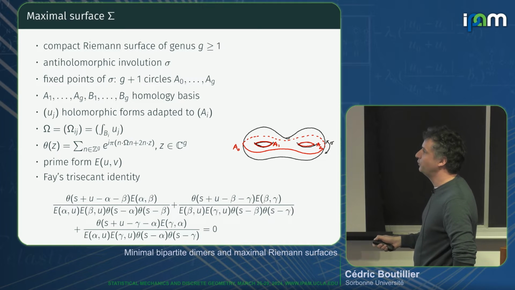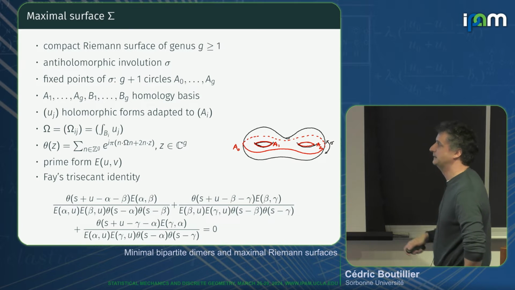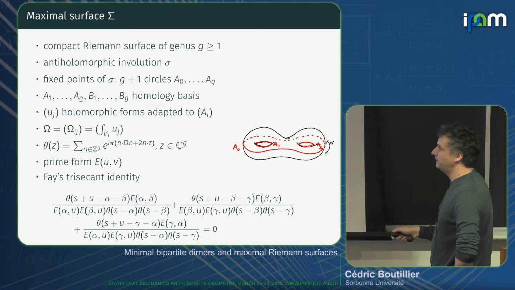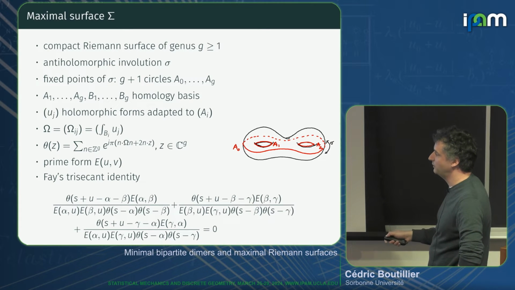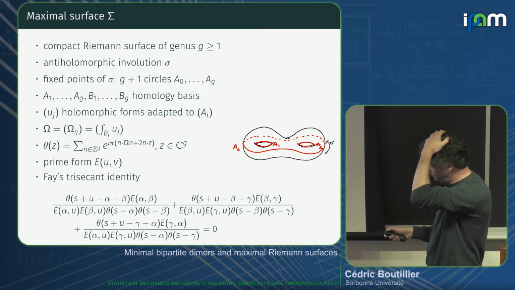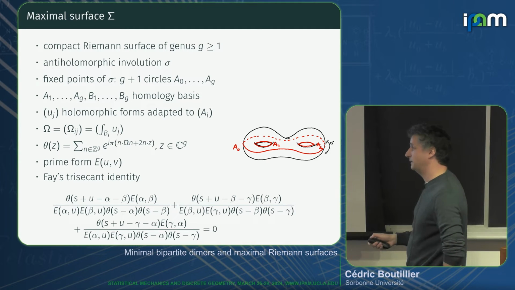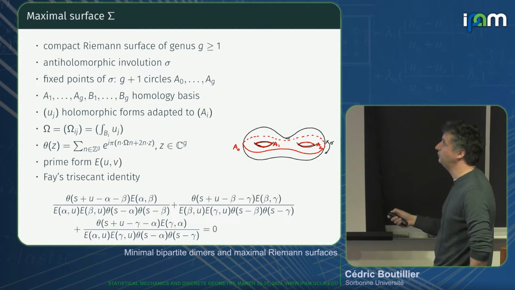First, the Riemann matrix associated to the surface, which is just the integral of the basis of holomorphic forms along the new cycles BI. And then from this matrix, since its imaginary part is positive definite, you can construct this infinite series, which is a Riemann theta function associated to this surface.